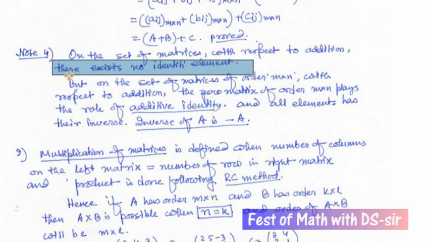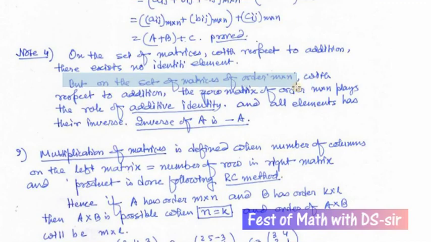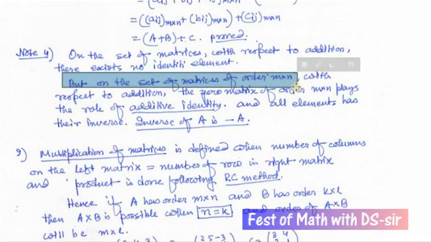But note that on the set of matrices of order m by n, where all are matrices of the same order, with respect to addition, the zero matrix of order m by n plays the role of additive identity.